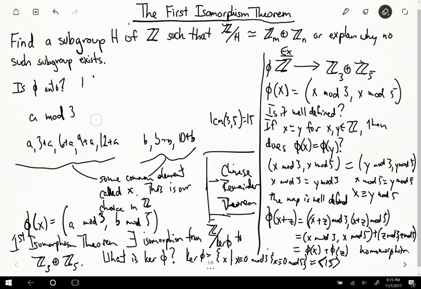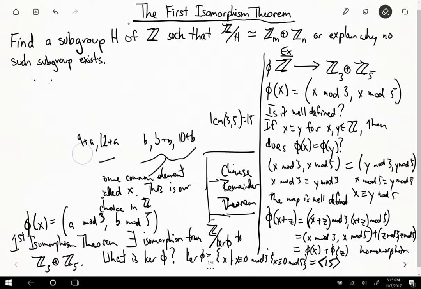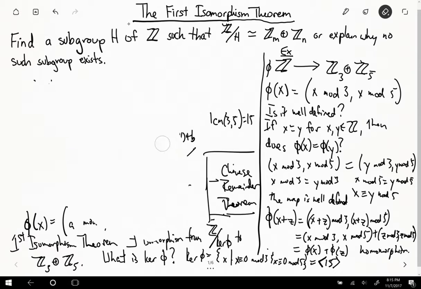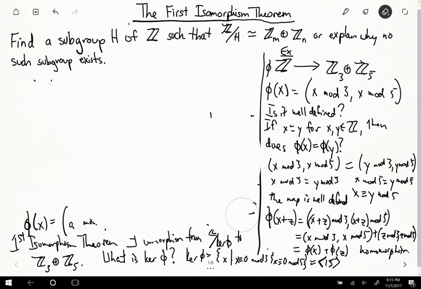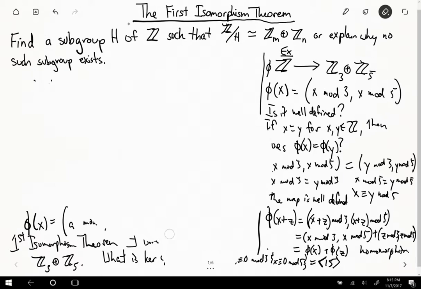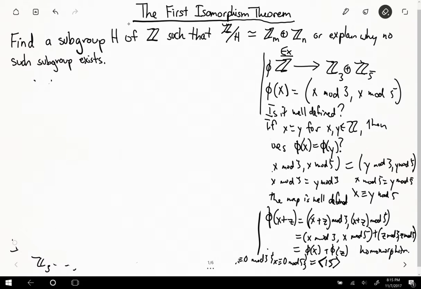So you can take a look at another and see what happens. But in general, there are a few things that will happen. We can change this proof just slightly. I did a little bit of hand waving with that Chinese remainder theorem, so I want you to be careful with that just to see what's going on. There's a reason I can use it here. I had a nice property where 3 and 5 are relatively prime.